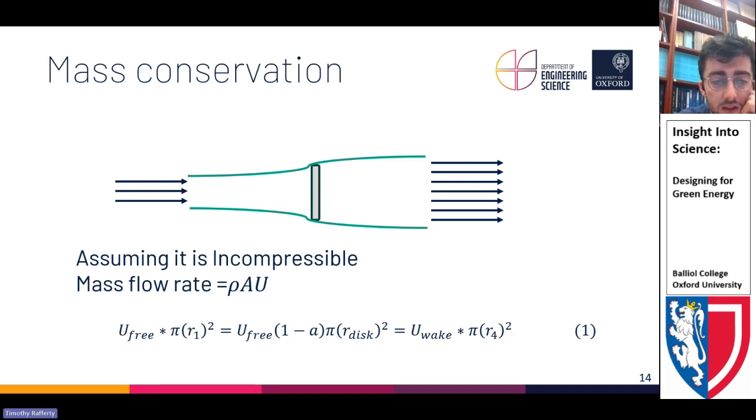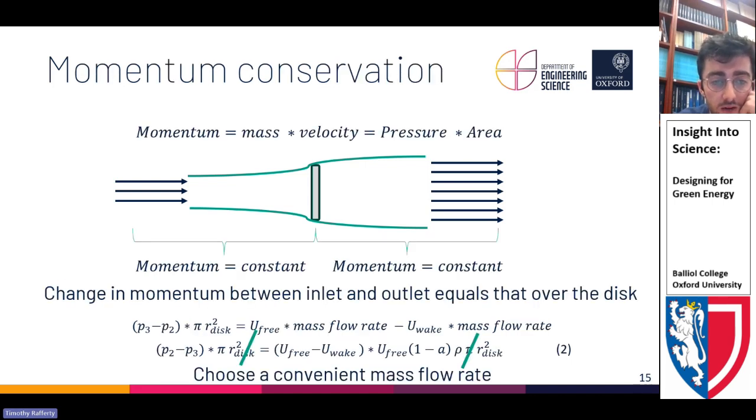And so although it might be the mass flow rate at the end and at the start, it's always going to be equal to the mass flow rate in the middle. So all I've done here is take this generic term for mass flow rate and put it in terms of the stuff going on in the middle around the disk. And then I've simplified this to just be U free minus U wake.